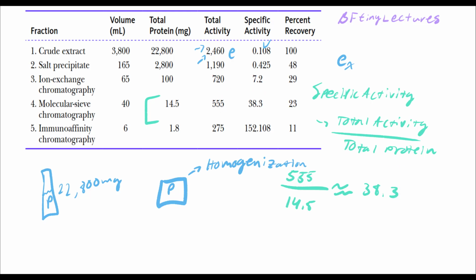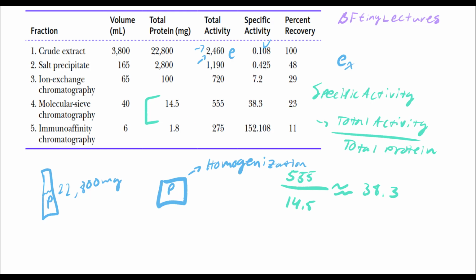Well, it's saying that of this activity right here, of the 555 enzymes within the 14.5 milligrams of protein, there's about 38.3 enzymes that are of interest to you. So if you're looking for enzyme X, it's saying that 38.3 enzymes are going to be enzyme X within a sample of 555 total enzymes that is within a sample of 14.5 milligrams of protein.